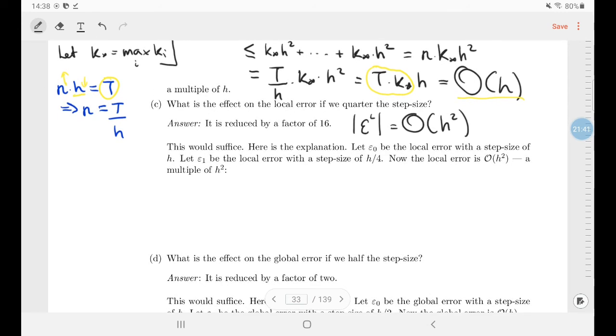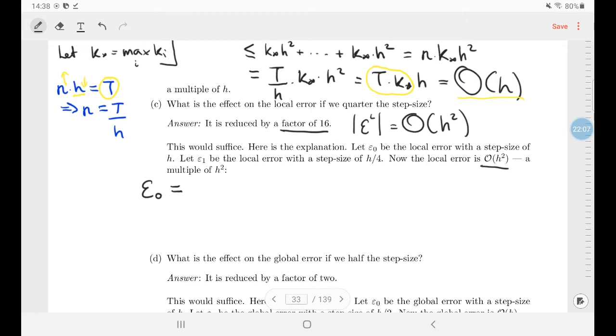So here's the explanation. Let epsilon 0 be the local error with a step size of h. Let epsilon 1 be the local error with a step size of h over 4. We know that the local error is a multiple of h squared. Now we're being a little bit dangerous here, because if you change the step size from h to h over 4, you're going to be changing the constant.